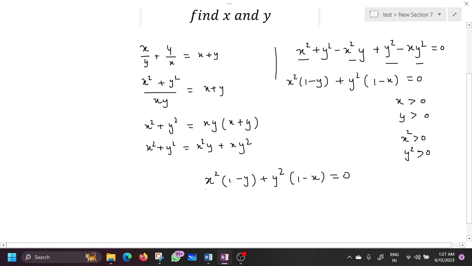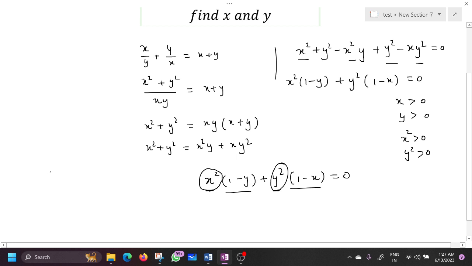How can you multiply something greater than 0 here with this bracket, and something greater than 0 here with that bracket, and make the sum equal to 0? My question to you is, can you make this quantity equal to 0 or not, and this quantity equal to 0 or not? There are two cases.